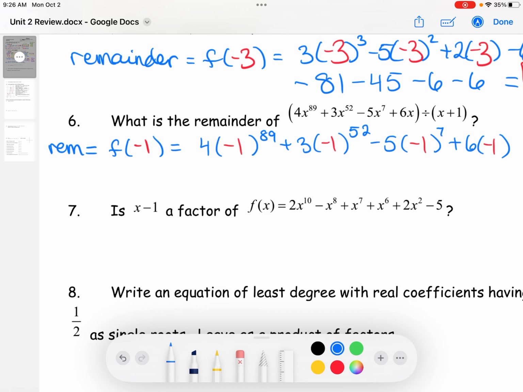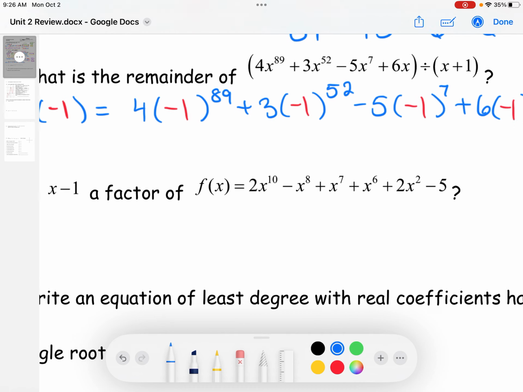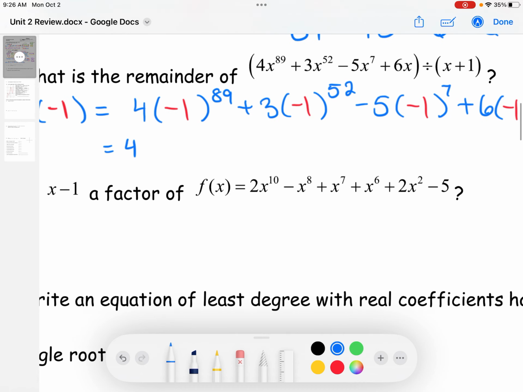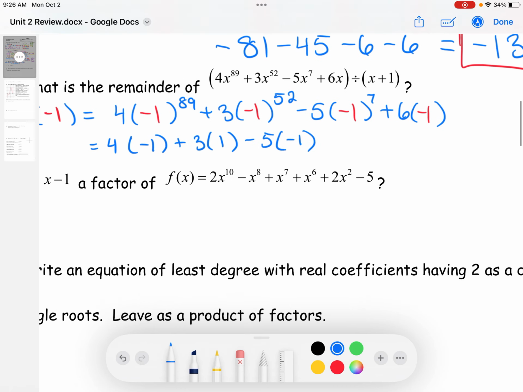Now, remember when we plug in -1 to any power, our only possible answers are 1 and -1. So, 4 times -1 to an odd power is -1, plus 3, -1 to an even power is +1, minus 5 times -1 to the 7th, an odd power, is -1.